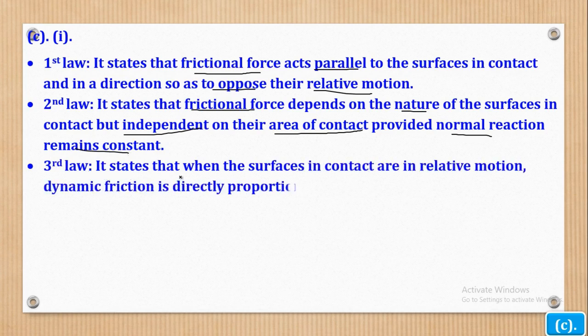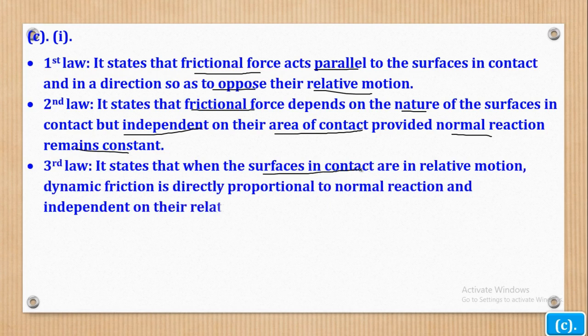The third law states that when the surfaces are in relative motion, remember we are dealing with dynamic friction, meaning there is relative motion, that is why we are concentrating on the relative motion, dynamic friction is directly proportional to the normal reaction and independent of their relative velocity.